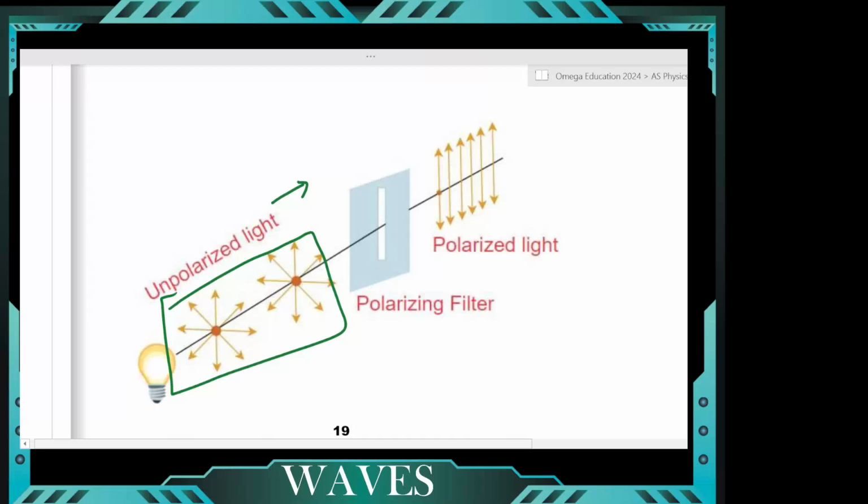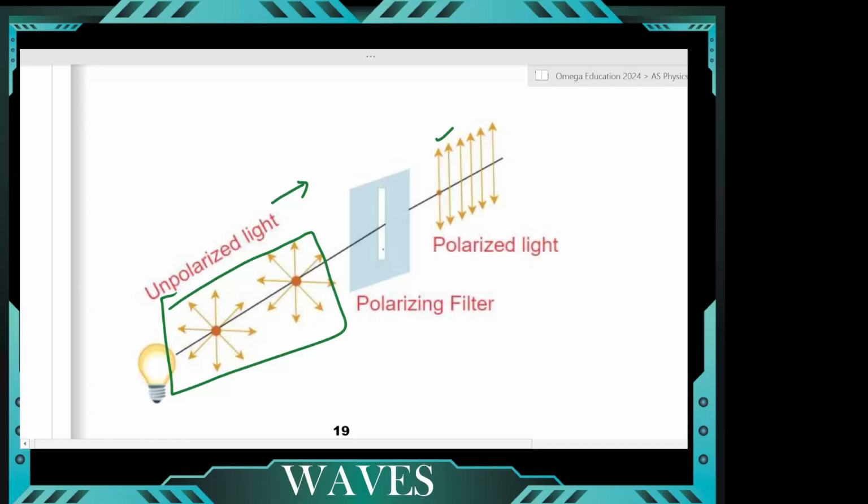So what happens is all the oscillations are blocked except for the one that is parallel to the direction of the slits. The slit in that case is vertical, so all the oscillations are blocked except for the vertical oscillations. So we say the particles are now oscillating only vertically, and we have restricted the oscillations of particles only to the vertical direction. This is now called polarized light.